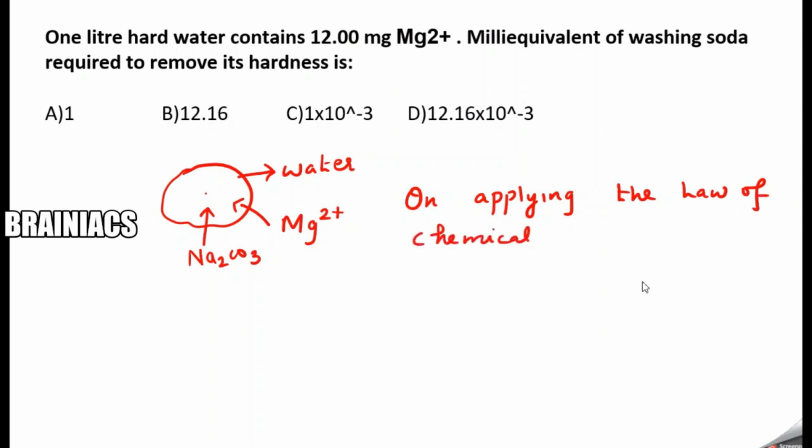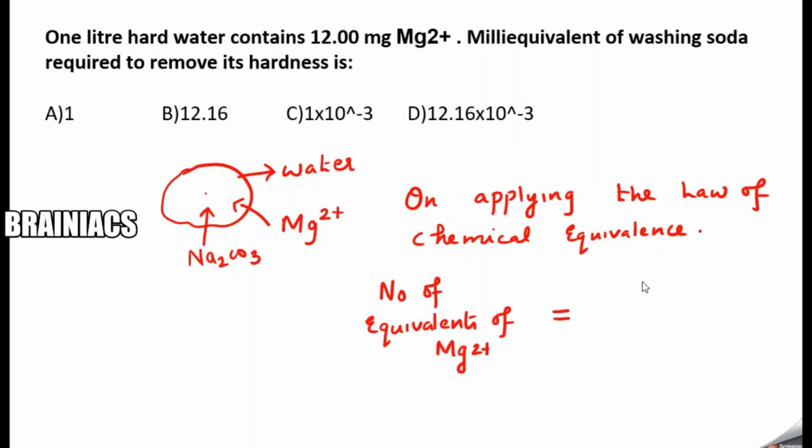On applying the law, the number of equivalents of reactants will always remain the same as the number of equivalents of the products, correct? So the number of equivalents of Mg2 plus should be equal to the number of equivalents of washing soda.